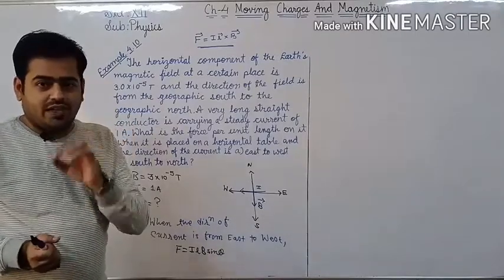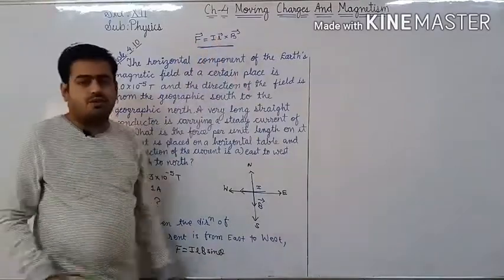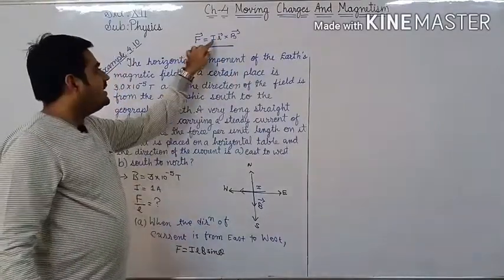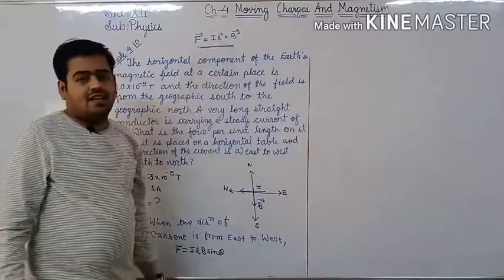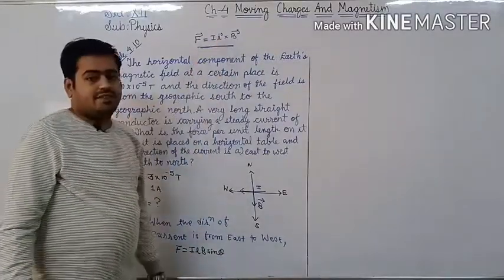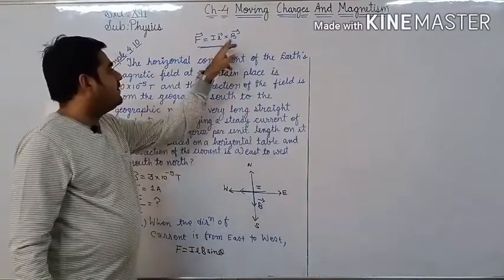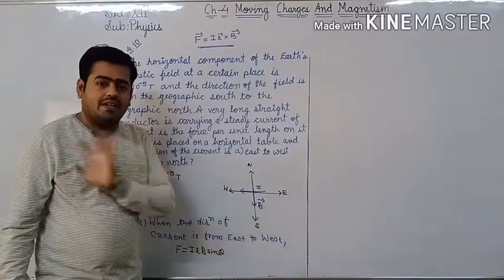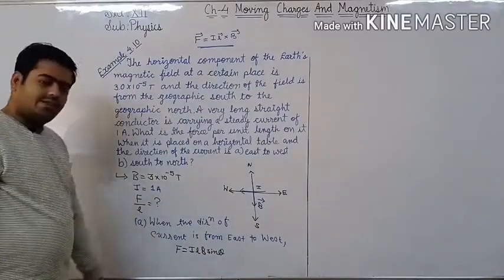Some magnetic force will act on it, and that magnetic force is nothing but IL vector cross B vector, where I is the current flowing through given wire. This is the line element or length element of given wire. What is B? That is external magnetic field. B is available to us, I is available to us.